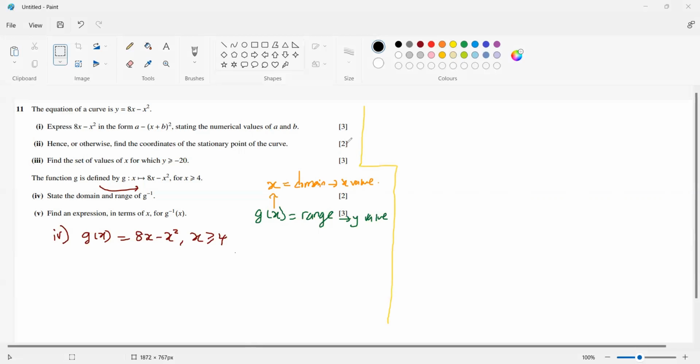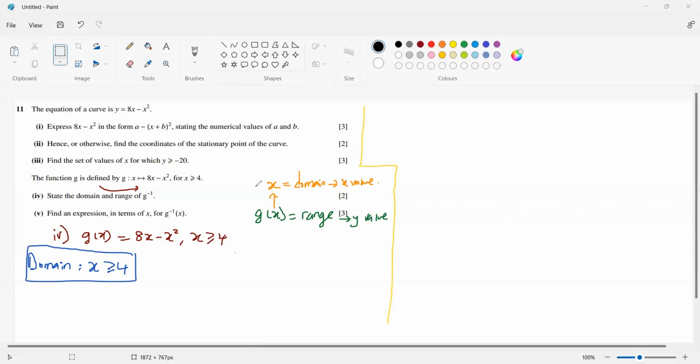So when they say they want to find the domain, one value is kind of easy. The domain, actually, we just copy that. That means we can just write x is bigger than or equal to 4. Finish. If they use a different letter, like z, then we write z bigger than or equal to 4 if it was g(z). Just an example, not in this case.